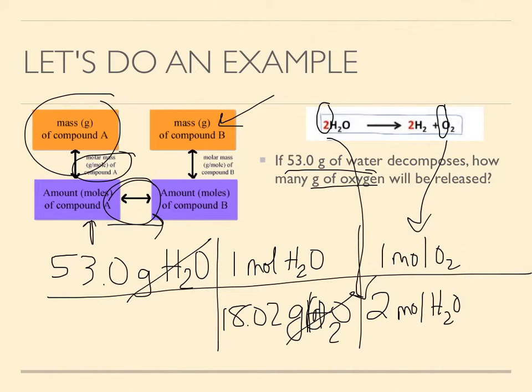Again, right from the balanced equation. And the reason I wrote it in this order instead of 2 over 1 is because I need moles of water to cancel out, and I'm eventually trying to get my answer in grams of oxygen. Well, I don't want my answer to be moles of water and try to get that to moles of oxygen. I need the moles of water to cancel out and moles of oxygen to be left untouched at this moment.